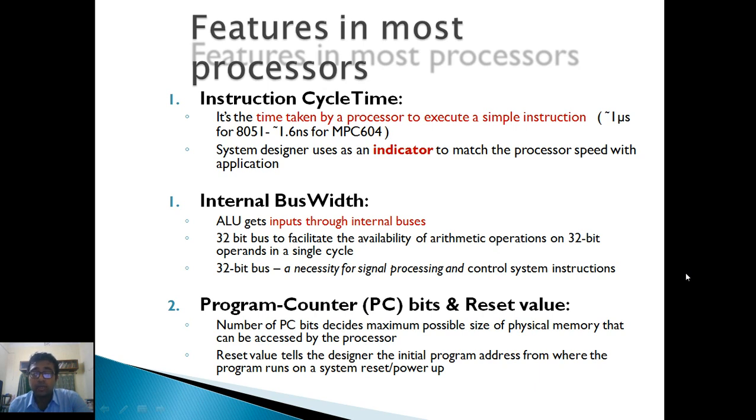When we switch on the power of a computer, the reset value tells the designer the initial program address from where the program runs on the system. This is the first step. According to the program counter size, the maximum physical memory that can be accessed by the processor is decided. Both are the same thing.